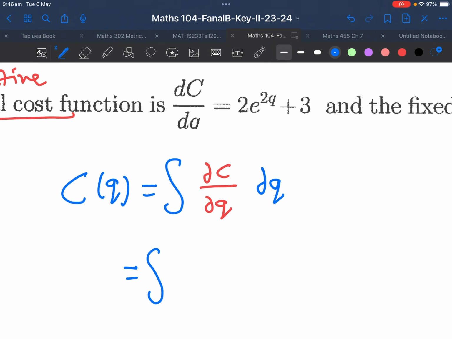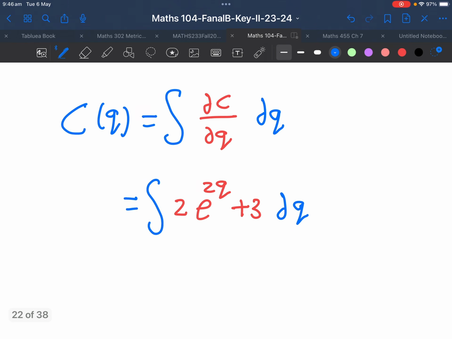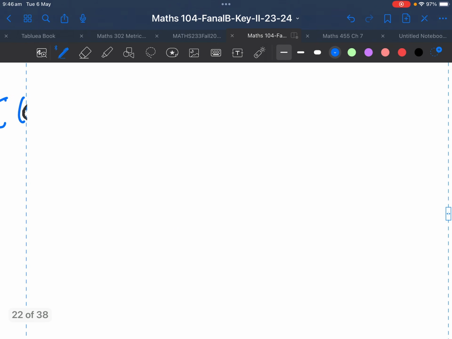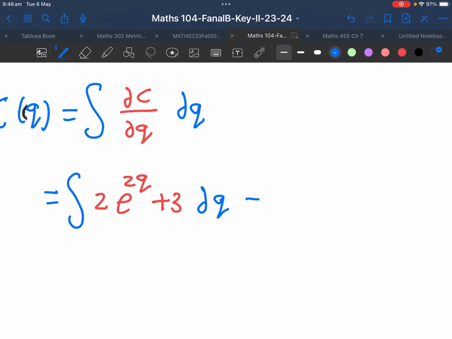And that's equal to the integral of 2e to the 2q plus 3 dq. Now what is this integral? The integral of e to the 2q would be the same, and then we divide by 2.